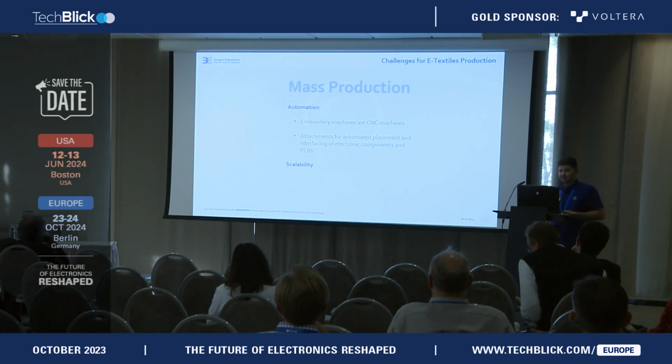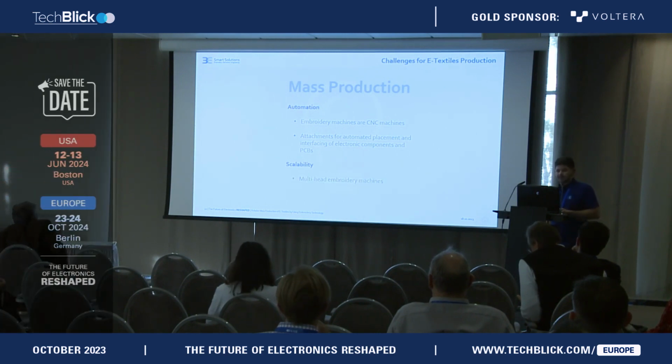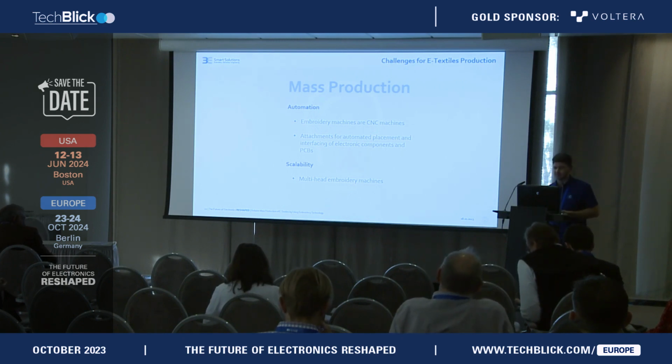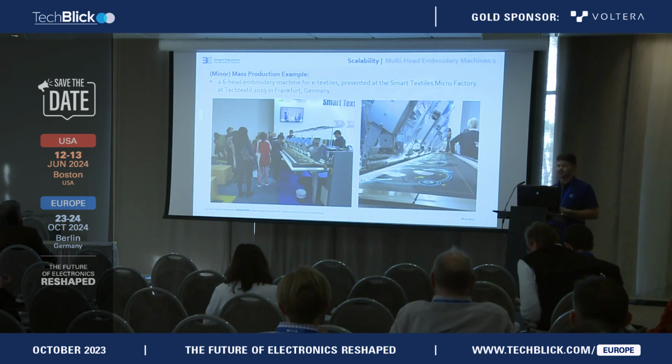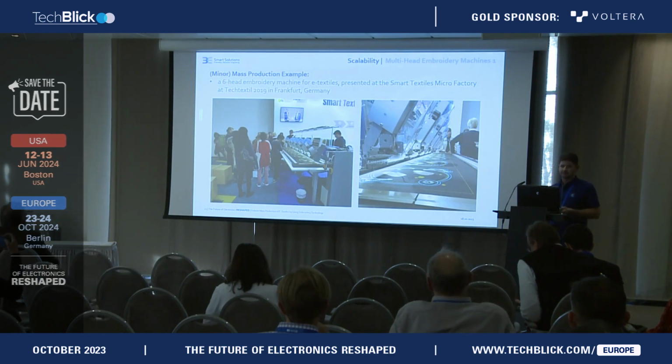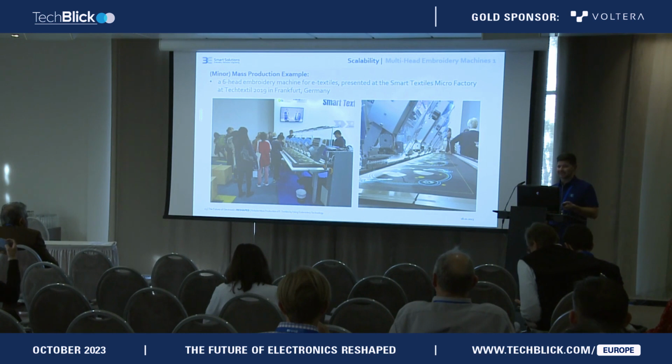Coming to the scalability, as I mentioned, everything that can be embroidered on a single-head machine can also be embroidered on a multi-head embroidery machine. And here I have some examples for you. This is a 6-head embroidery machine with 6 functional sequin devices for placing LED sequins.